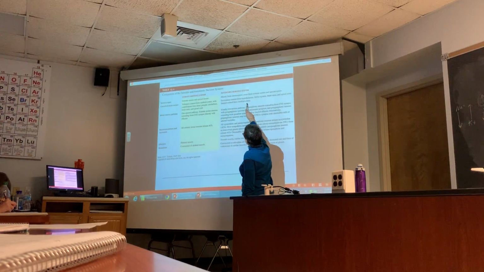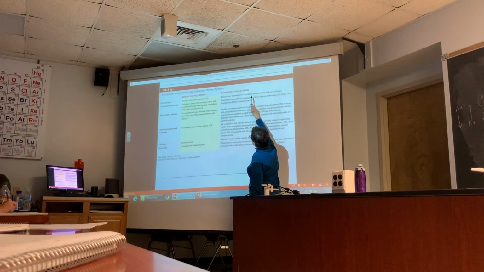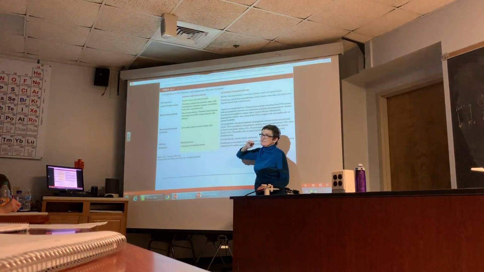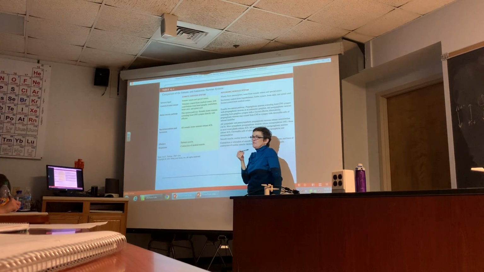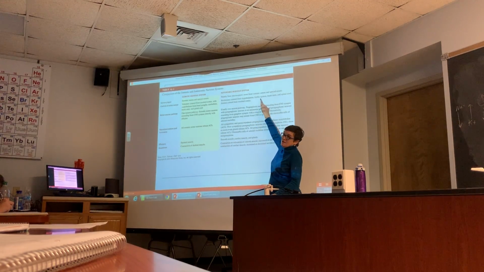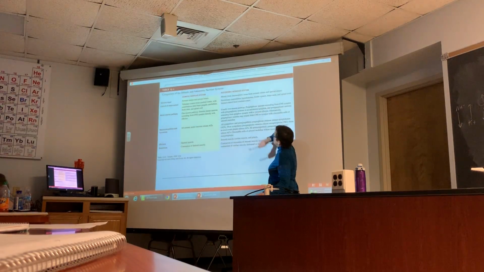Motor function, involuntary control primarily from the hypothalamus and brainstem. Limbic system, I don't know how many of you have studied the limbic system, but that is a system that's involved in emotion. So your limbic system, your emotions, in other words, can have an effect on your autonomic system.